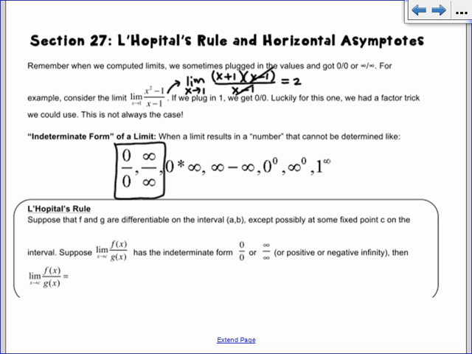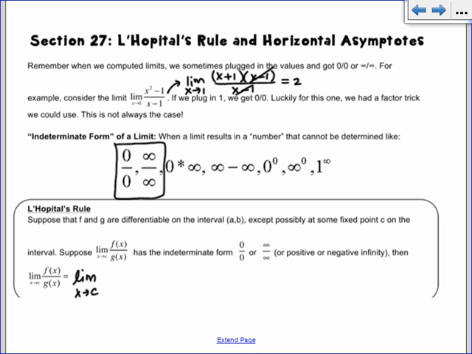Right, so suppose that f and g are differentiable on the interval a to b, except possibly at some fixed point c. And suppose that the limit as x goes to c of f of x over g of x has the indeterminate form of 0 over 0 or infinity over infinity. You can have positive or negative infinities, it doesn't matter. It could be positive over negative, negative over positive, positive over positive, whatever. Then the limit as x goes to c of f of x over g of x, it's really weird.